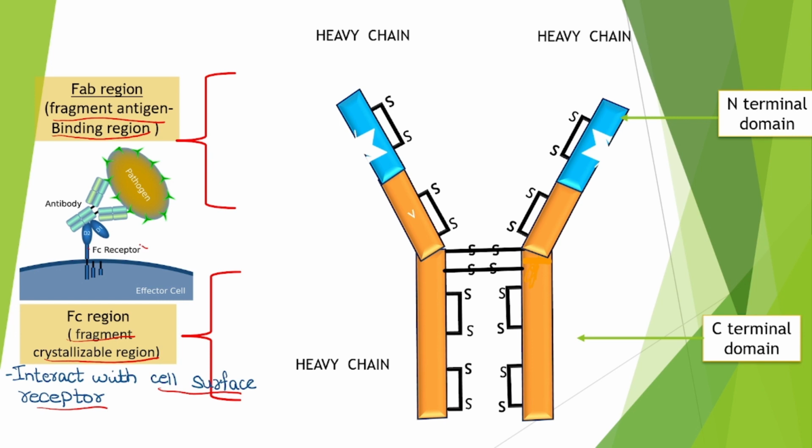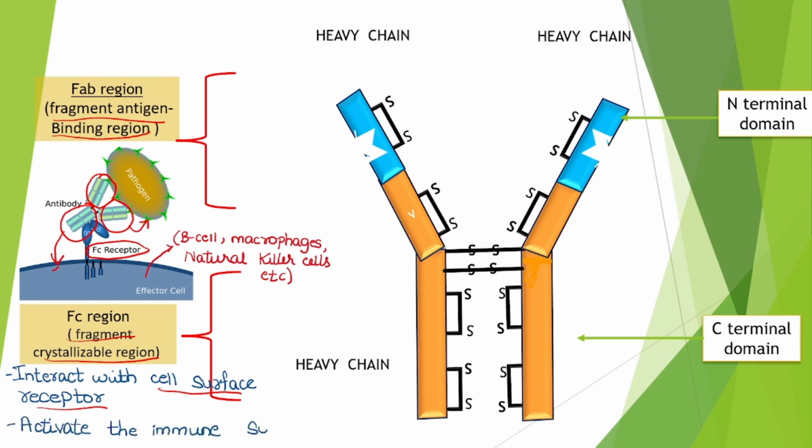As you can see in this image, Fc receptors are the protein molecules, and they can be seen in certain cells such as B cell, macrophages, natural killer cells, neutrophil, basophil, eosinophil, etc. So the C-terminus region of the antibody binds to the effector cell, whereas the N-terminus region binds to the antigens. Is that clear? Now the second role of this C-terminus region is to activate the immune system.